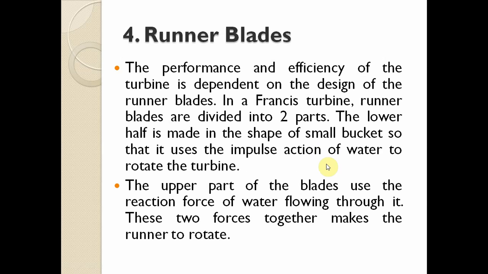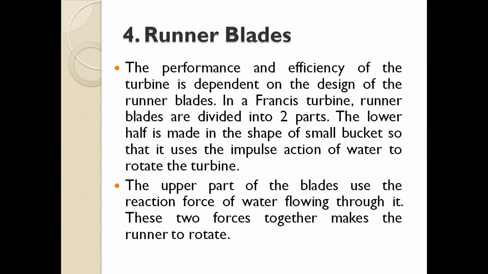So the next component is the runner blades. The performance and efficiency of the turbine depends on the design of the runner blades. In a Francis turbine, runner blades are divided into two parts.